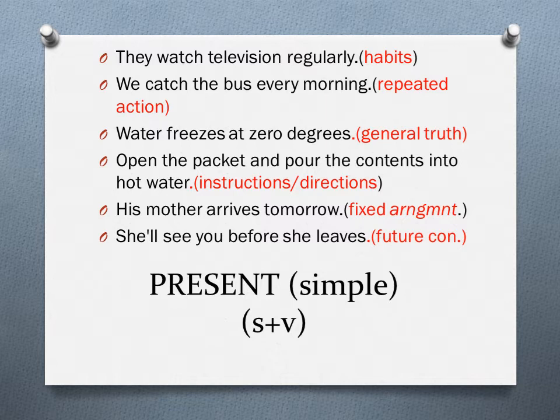I watch television. We watch television. They watch television. There is no change with the verb watch. But when we use third person singular, he watches television, she watches television, it watches television, Rafiq uncle watches television.